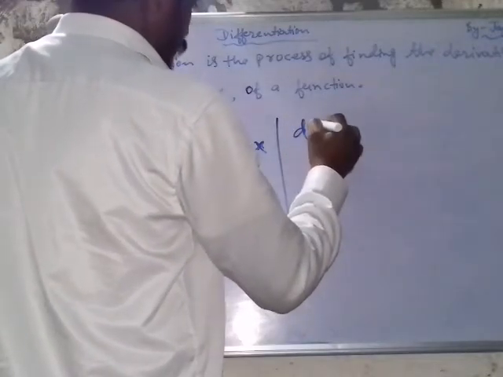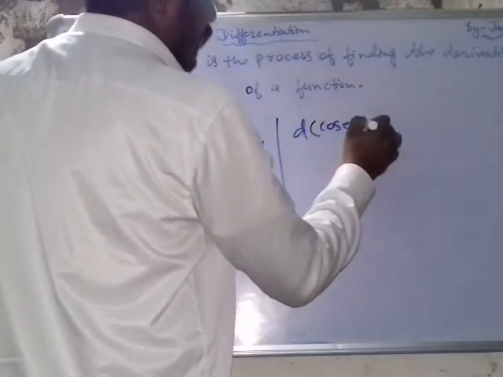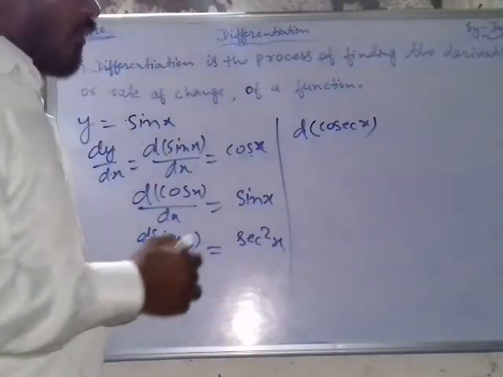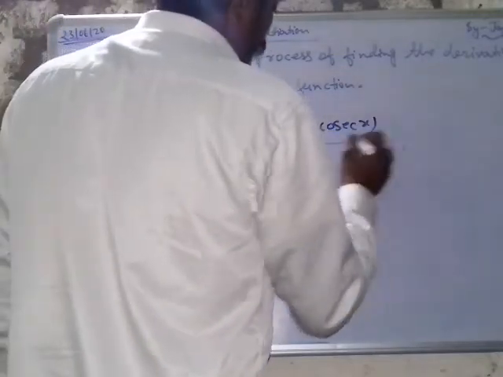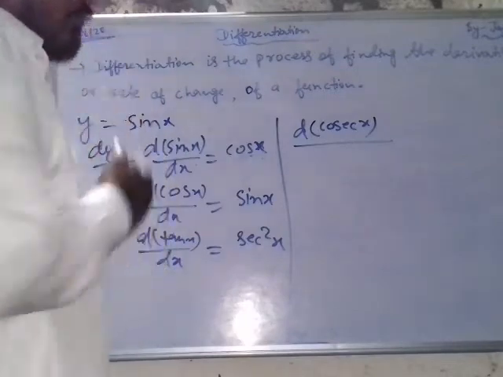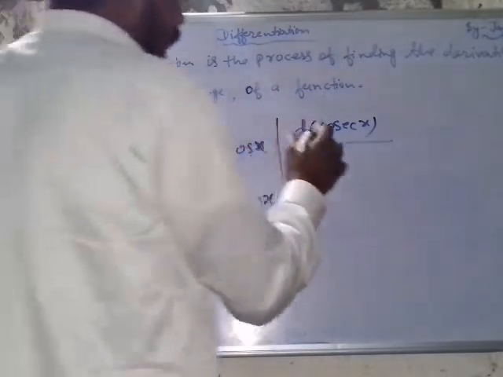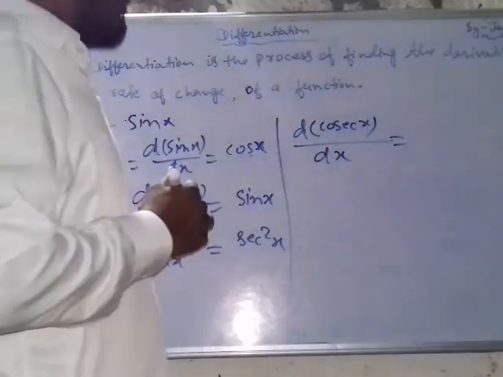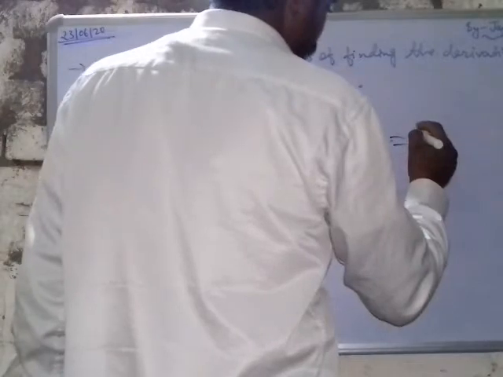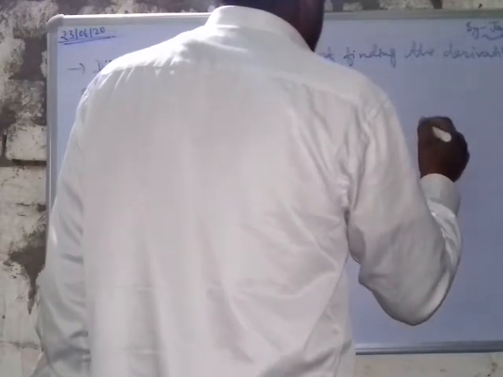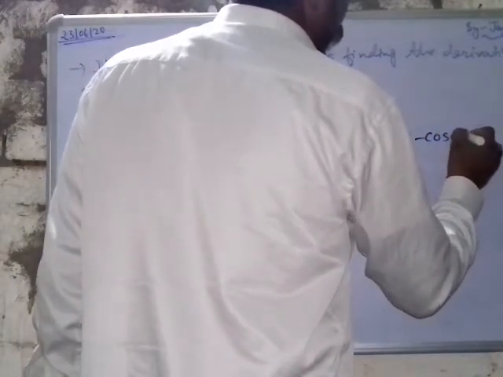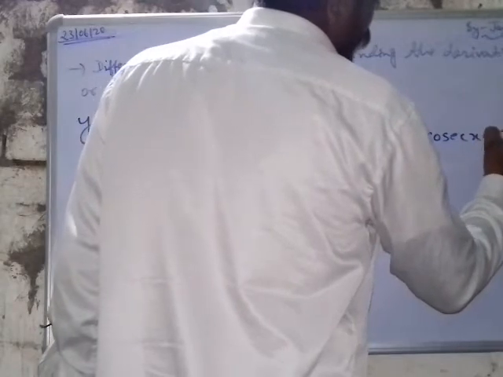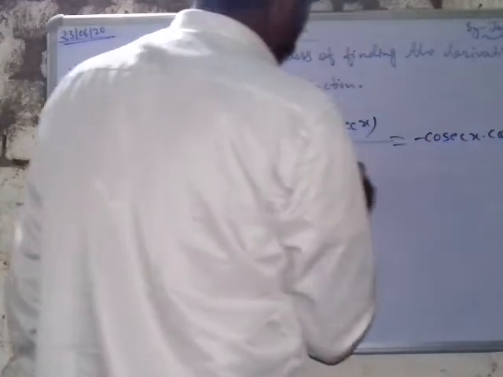The differentiation of cosec x equals minus cosec x into cot x.